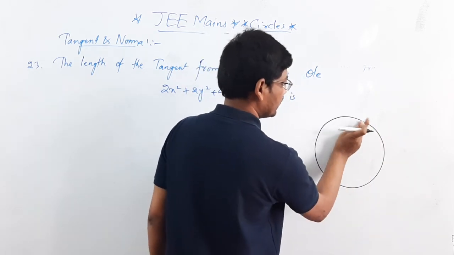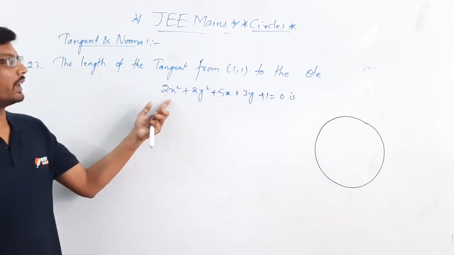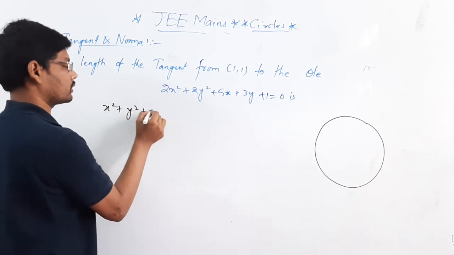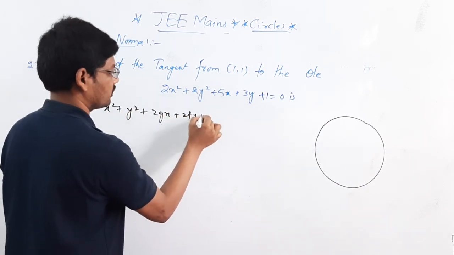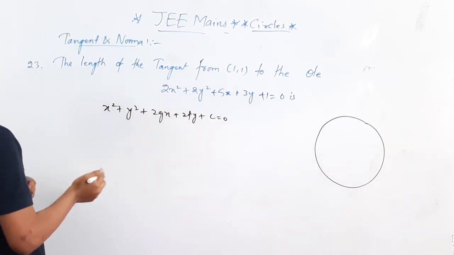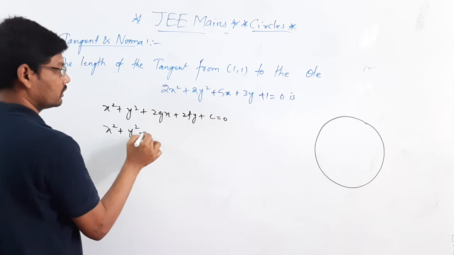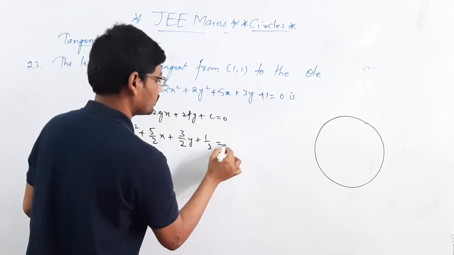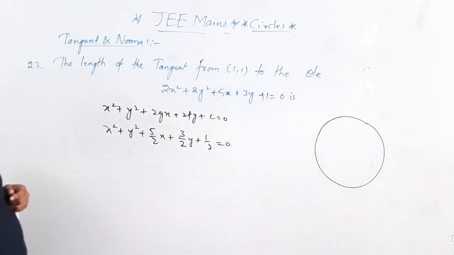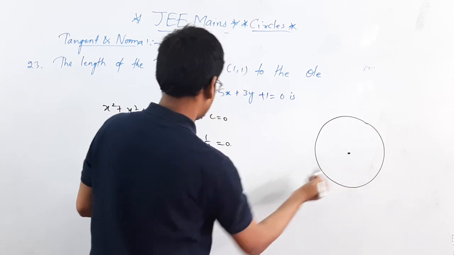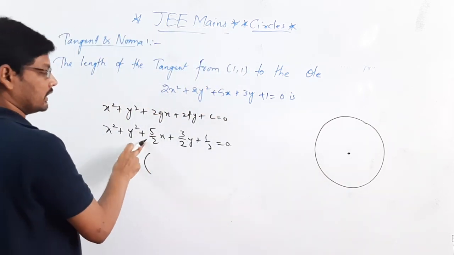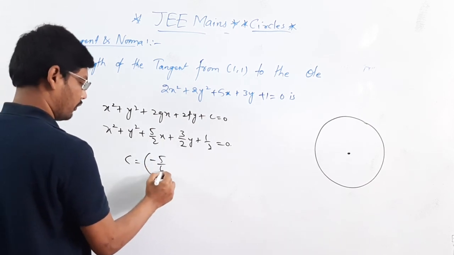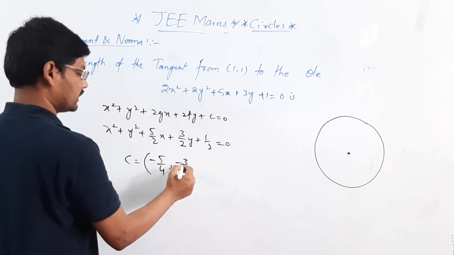Drawing a circle. The equation is in the form of 2x square, but our general form of circle equation is x square plus y square plus 2gx plus 2fy plus c is equal to 0. Here we have a coefficient, so I am dividing the total equation by 2. Then it becomes x square plus y square plus 5 by 2 x plus 3 by 2 y plus 1 by 2 is equal to 0. From this circle, what will be the center? Center C is equal to minus g, minus f, which is minus 5 by 4, half of this, and minus 3 by 4.